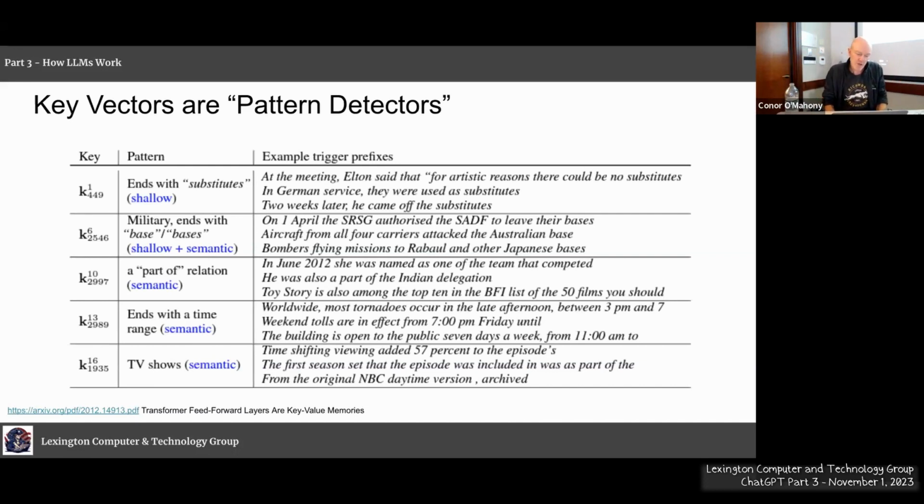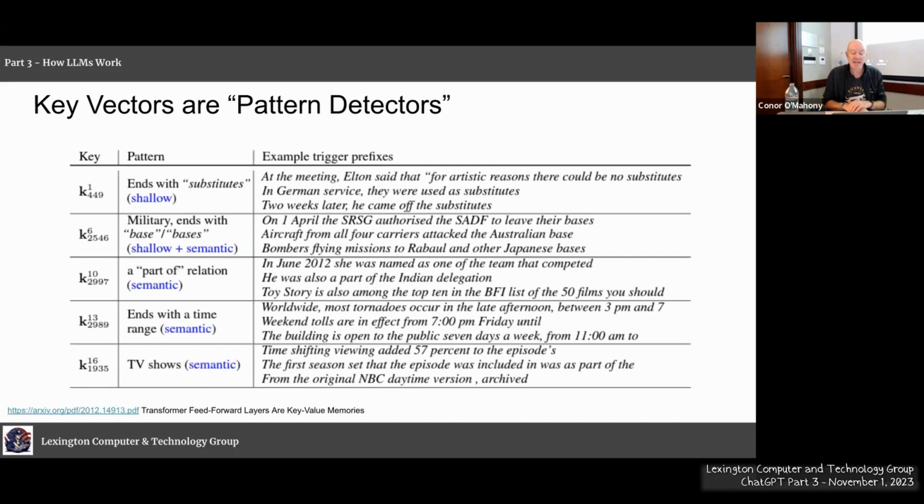Recent research has looked at these feed-forward layers and started to notice some patterns in there. This is not the Anthropic research I was mentioning, but some other research. What they've found is that for systems like this, the key vectors that we mentioned earlier end up becoming pattern detectors in the input.